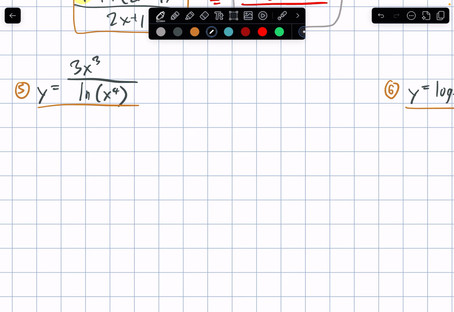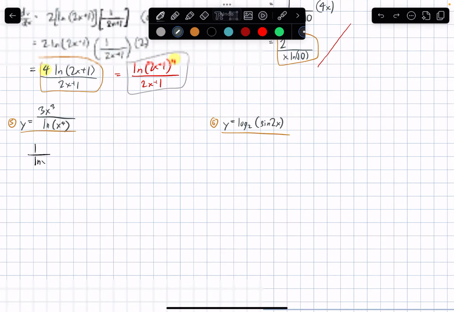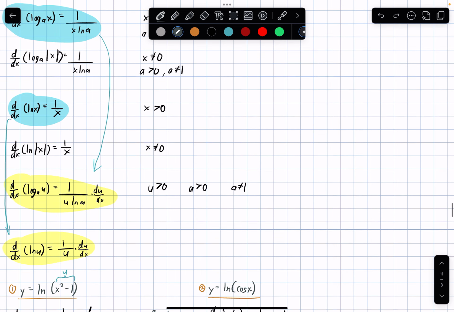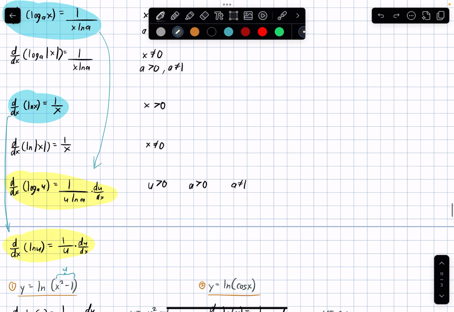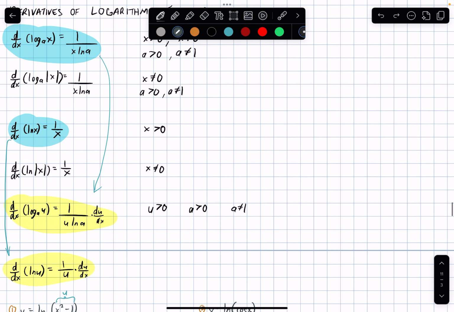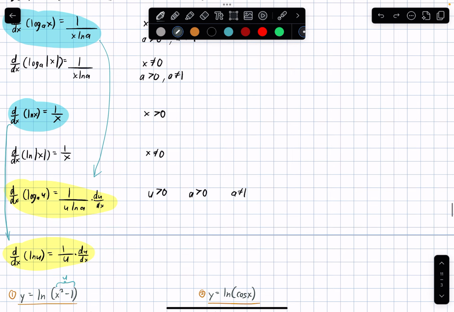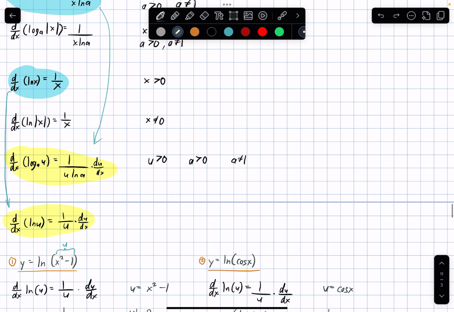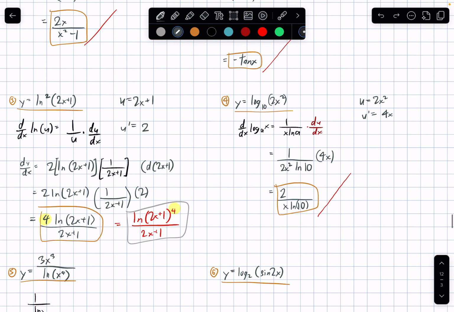What are we looking at? 1 over ln x. Where do we see this kind of, like this?